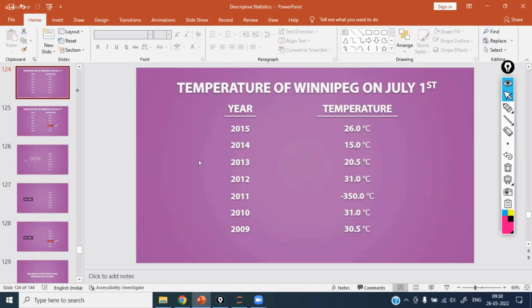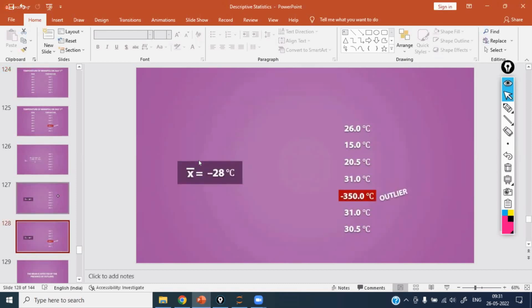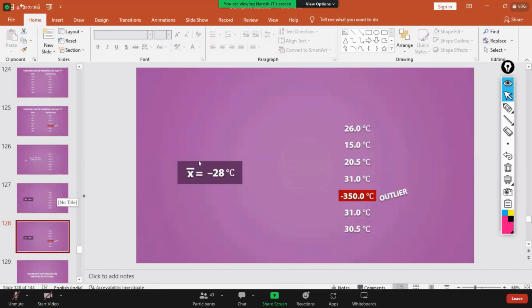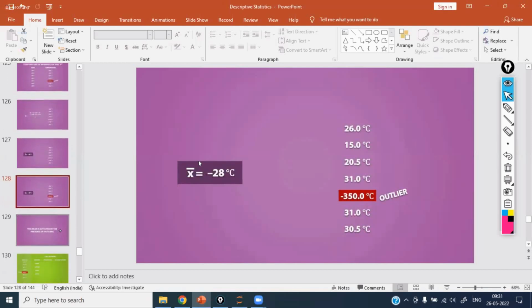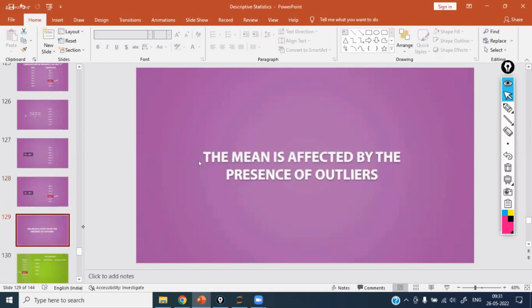But due to one outlier, the average value has been changed entirely. Now the average says minus 28, and none of the years has a minus value. So the mean is getting affected by the presence of outliers.